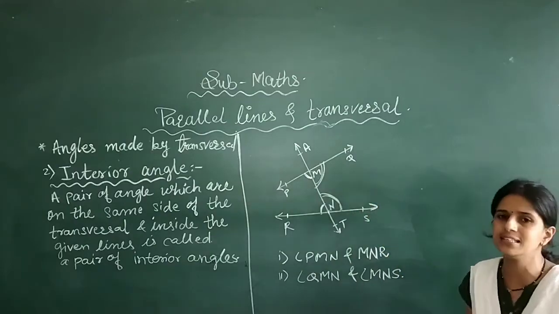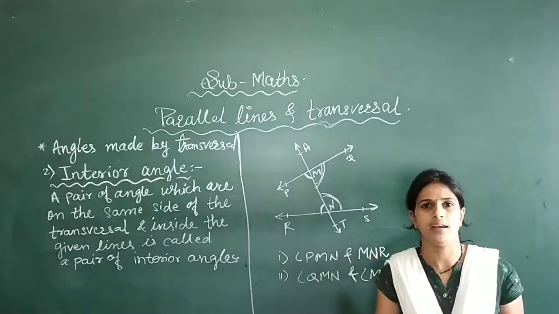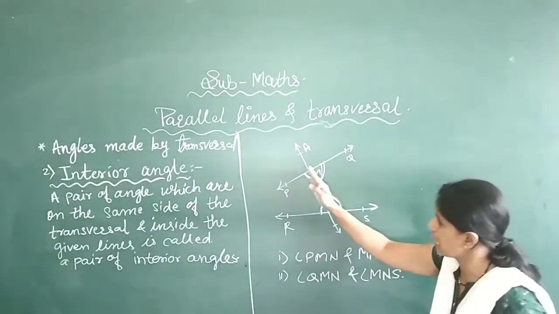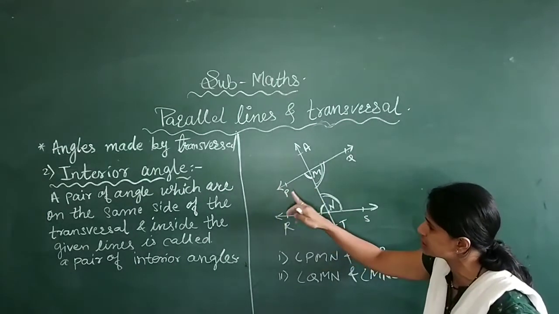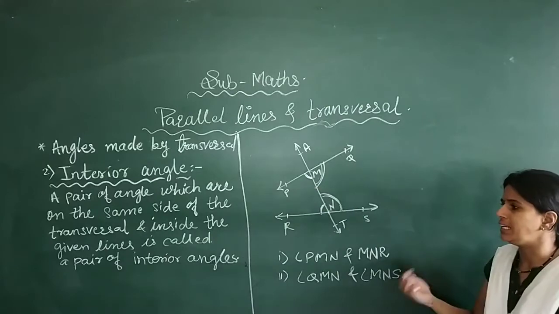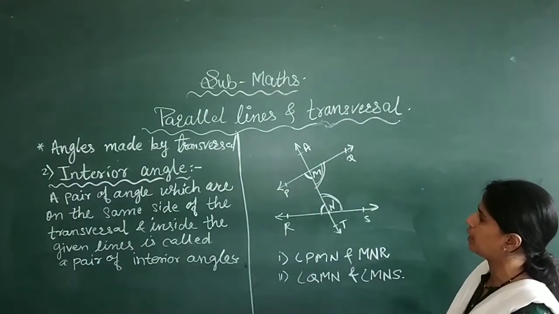For that reason, it is called an interior angle: a pair of angles which are on the same side of the transversal and inside the given lines is called a pair of interior angles.